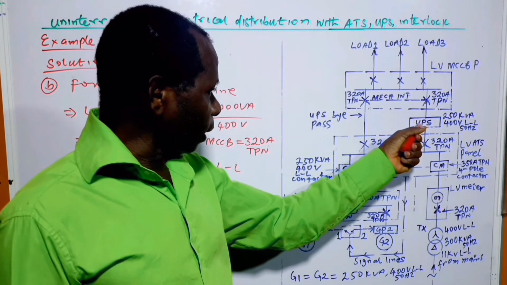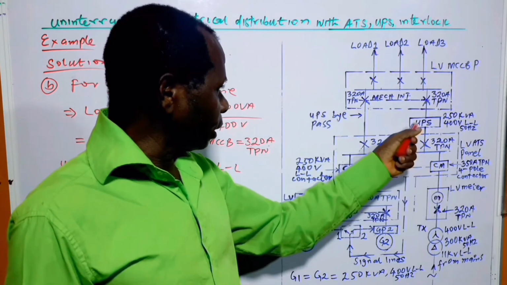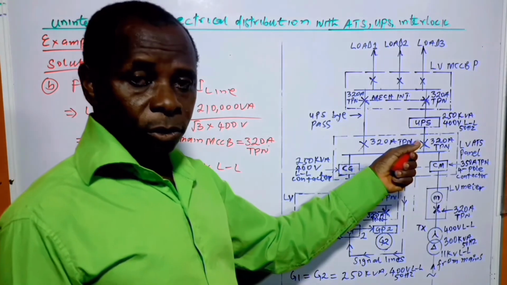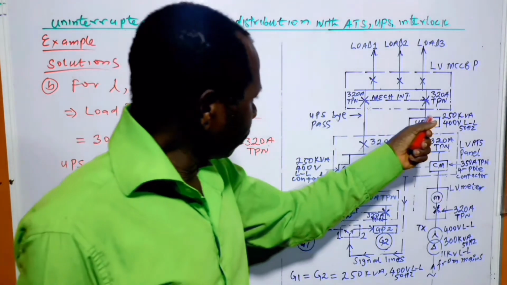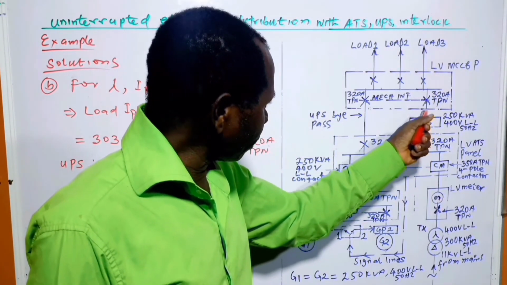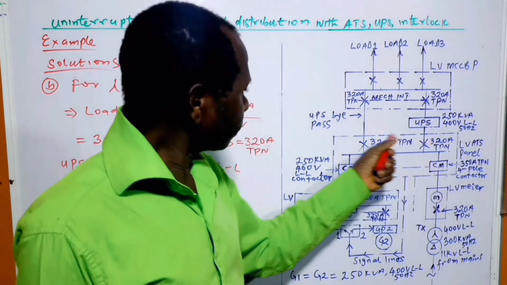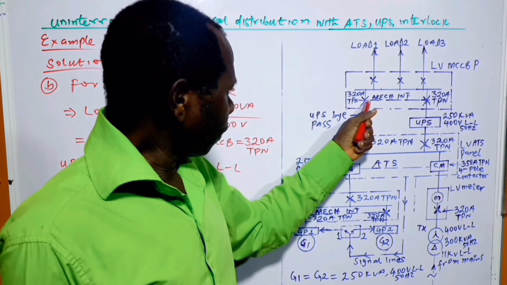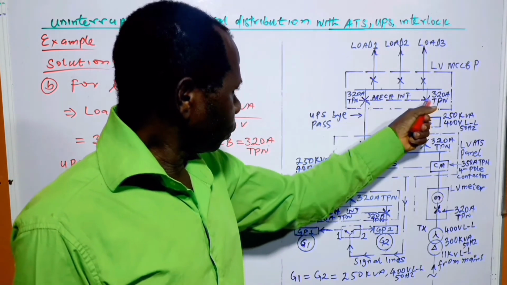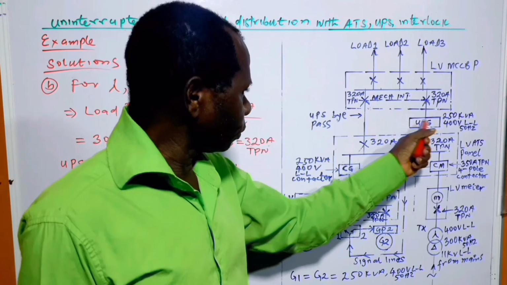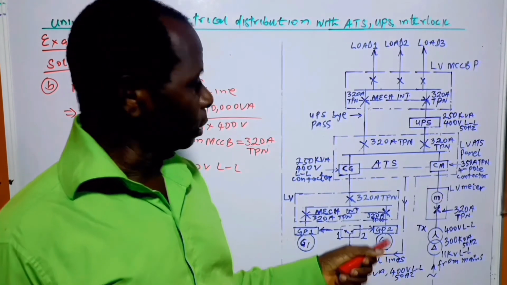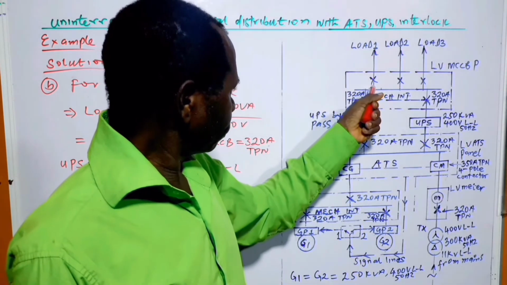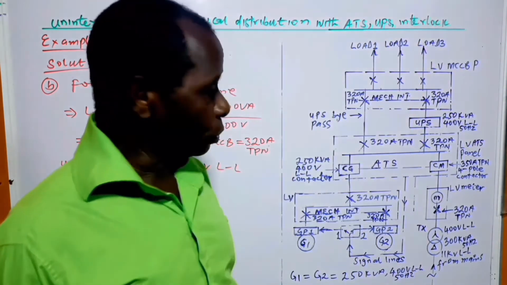If the UPS is faulty, there's no room for blackout. So in order to create time for its removal, this one will be closed, this one will also be closed, this will open, and this one will open, so that the UPS can be removed. And the power flows from the generator through this place to the load.